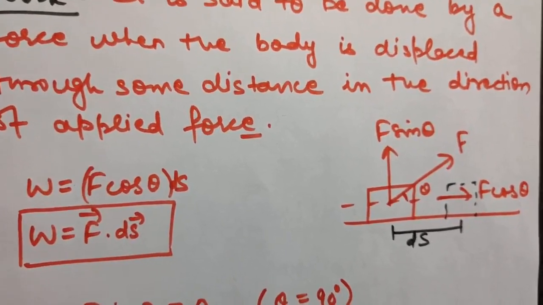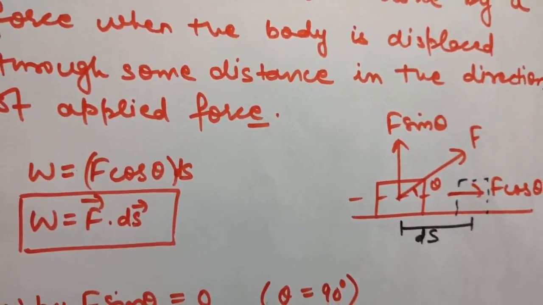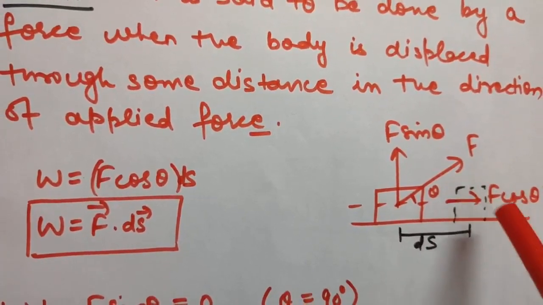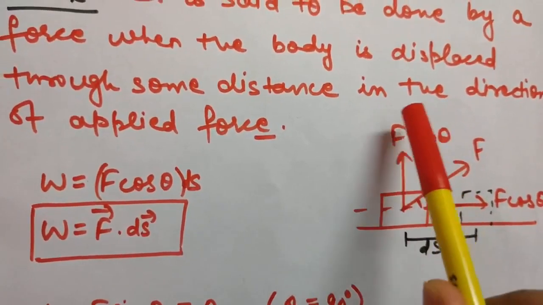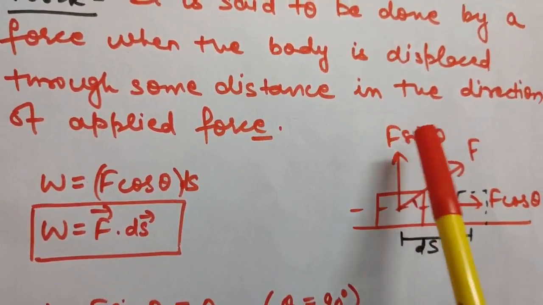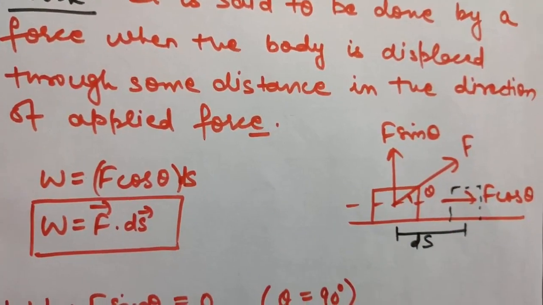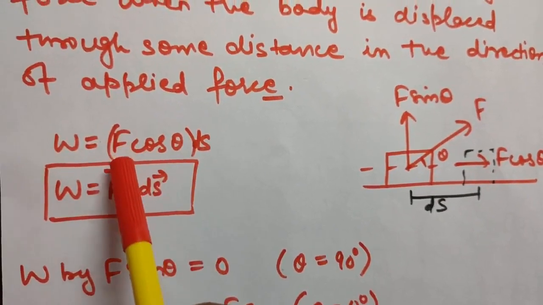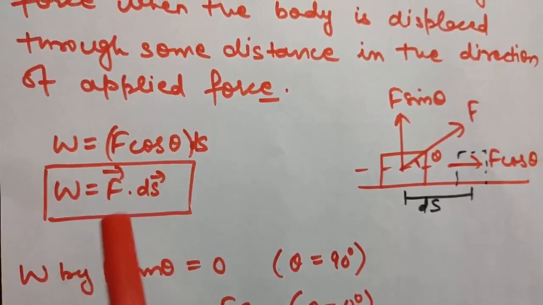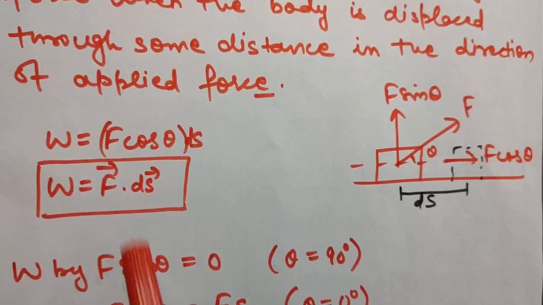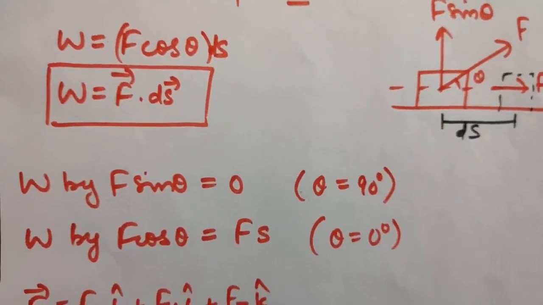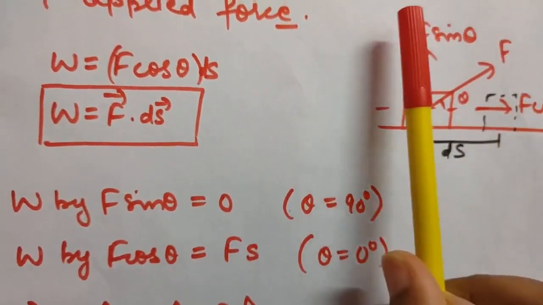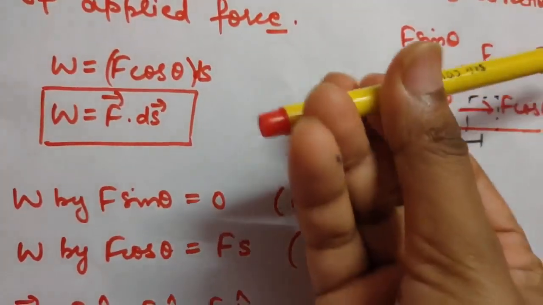Now if I ask you in this particular case, what is the work done by this component of force and what is the work done by this component of force? There are two components of force, right? One more thing here, theta is the angle between F and ds, that is force and displacement. Now if I am calculating work done due to F sin theta, this is our force, this is our displacement.